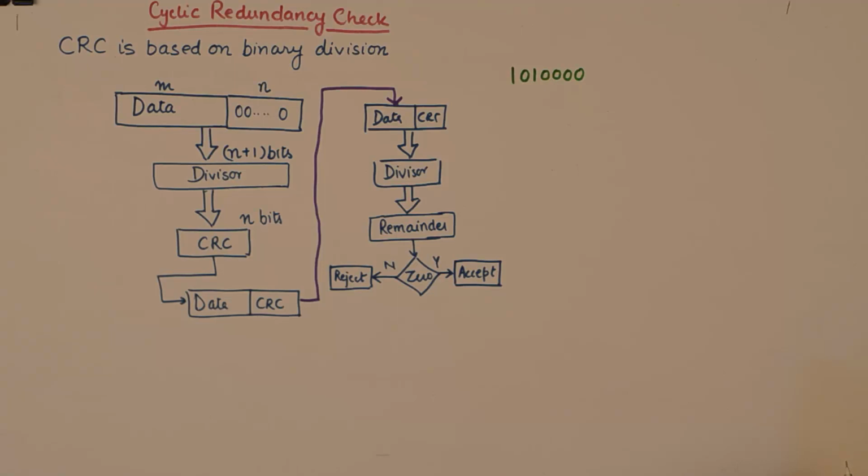If you've seen my previous video, in that video we've discussed checksum. Now checksum is based upon binary addition with 1's complement and 2's complement involved. However, cyclic redundancy check is based upon binary division.